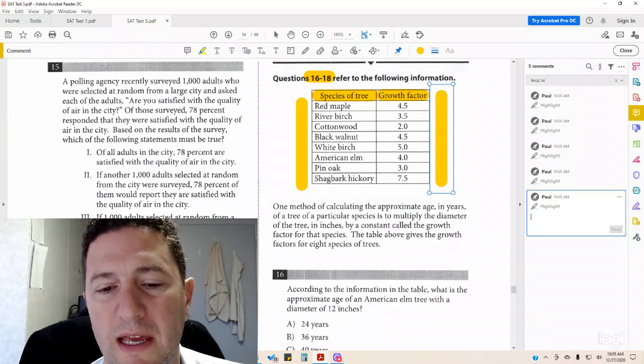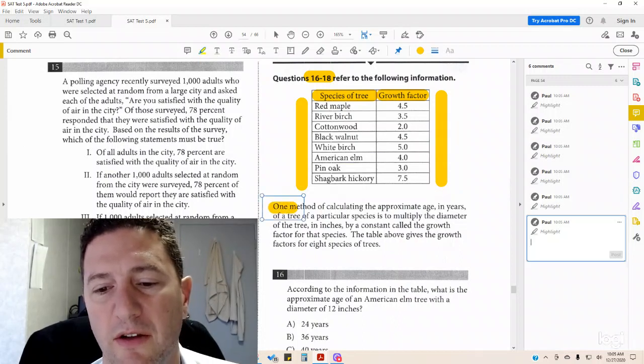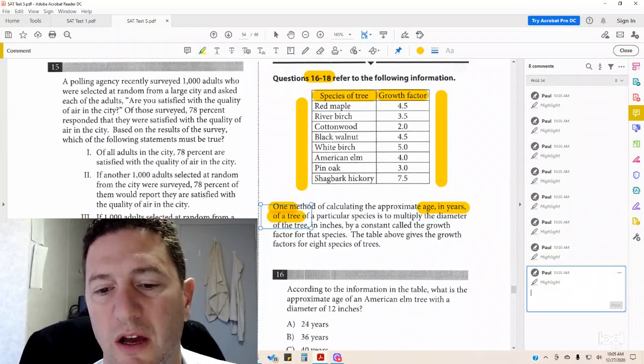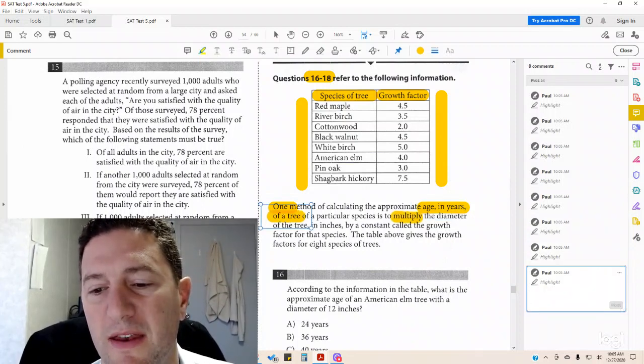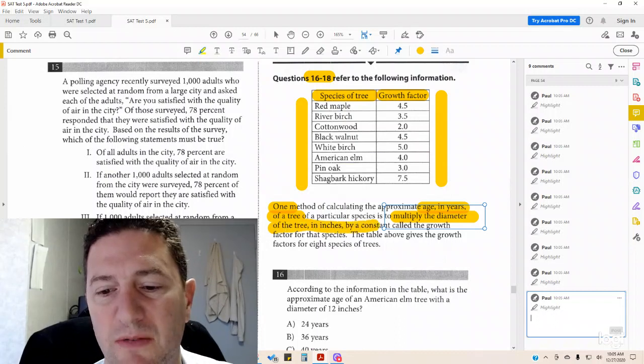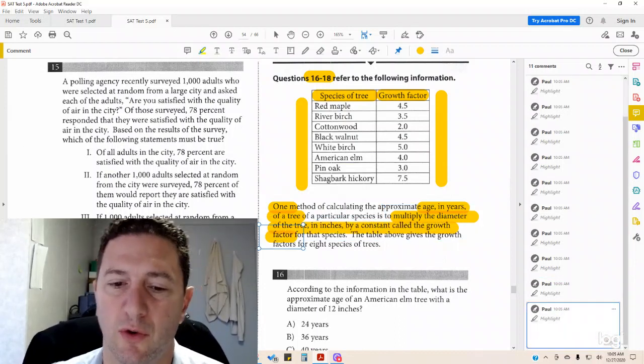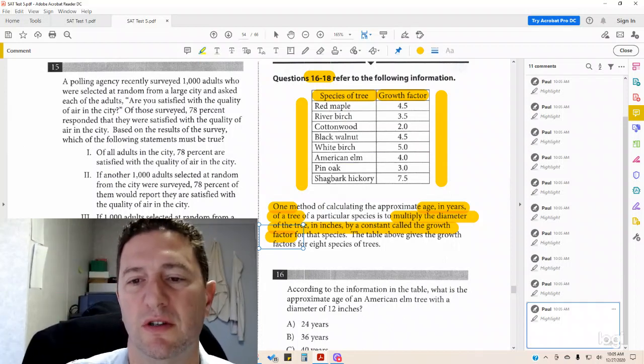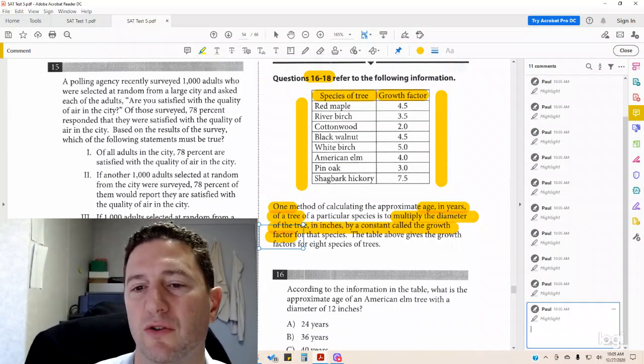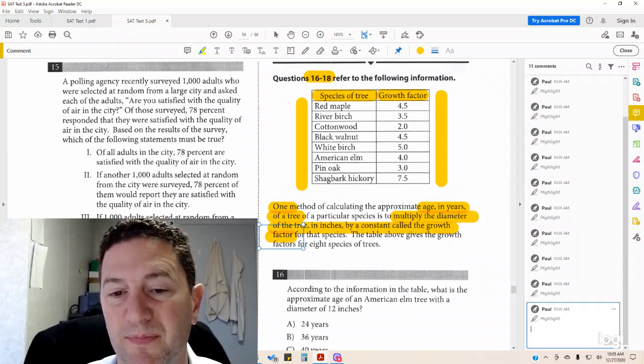So what we get is one method of calculating the approximate age in years of a tree of a particular species is to multiply the diameter of the tree in inches by a constant called the growth factor for that species. The table above gives the growth factor for 8 species of trees. So it seems like the growth factor is how fast a tree grows each year.